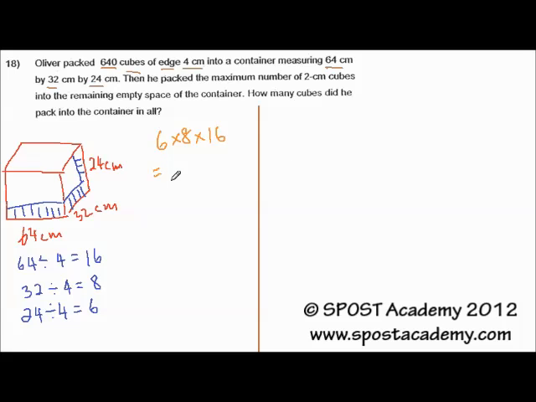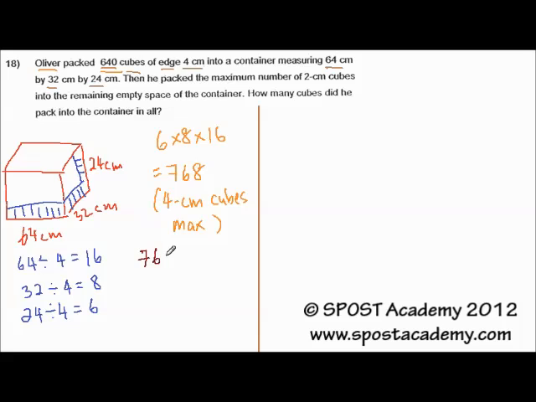And I will get 768, which means that the container can fit a maximum of 768 4 cm cubes. But then Oliver has only 640 cubes, so the next part would be using 640 cubes, which must be subtracted from 768.